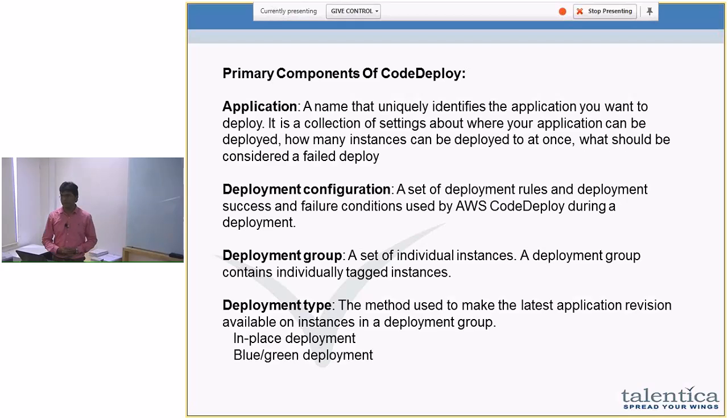But S3 is generally used for static content only. You can keep packages there and use version control too, but you can use GitHub if you have to manage versions. For static content, you can use S3.